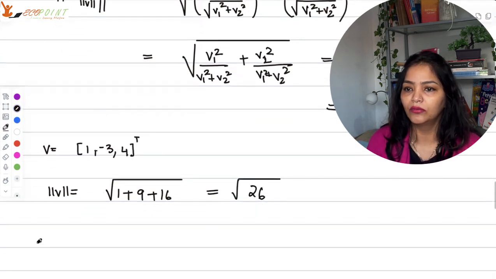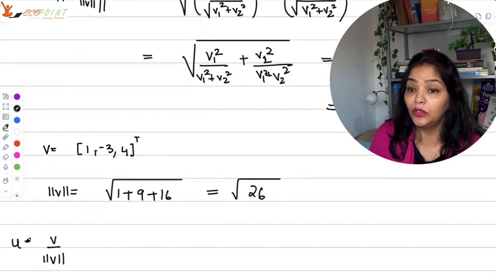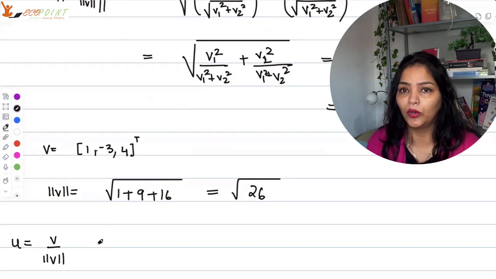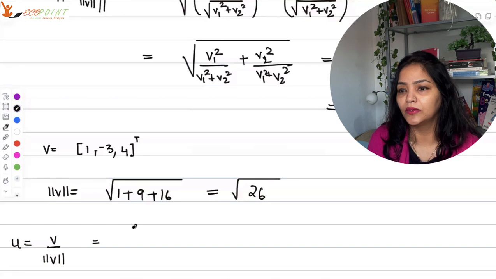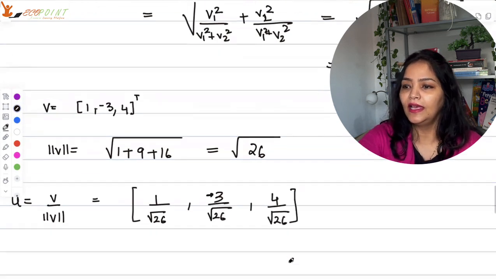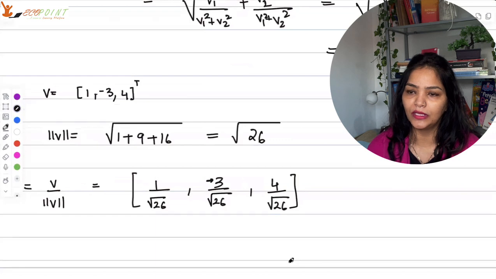If you now create a new vector u in the same direction as v upon the norm of v, that vector will turn out to be (1 upon square root of 26, -3 upon square root of 26, 4 upon square root of 26). And if you now try to find the norm of this, it will be equal to 1. This is the concept of normalizing a vector.